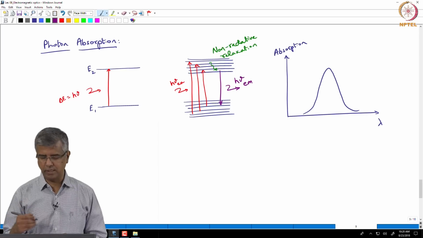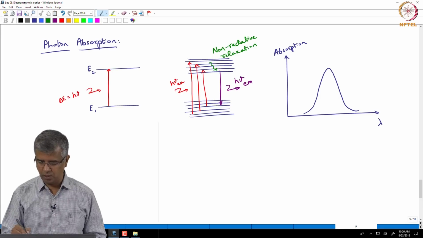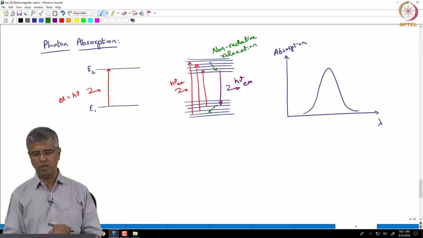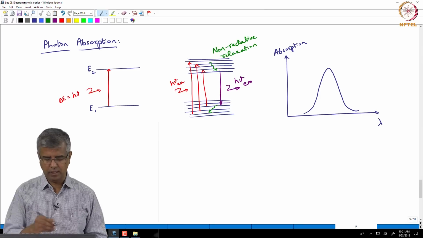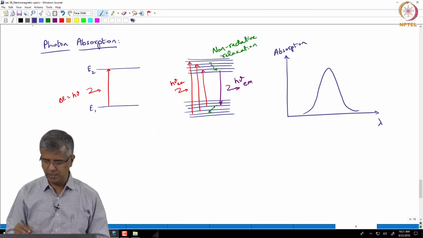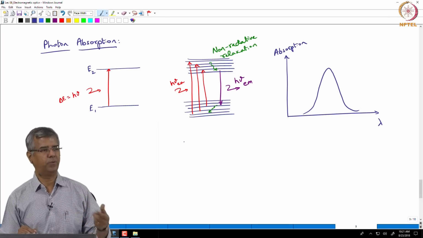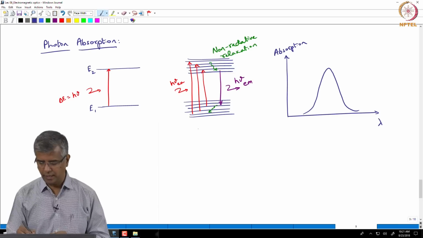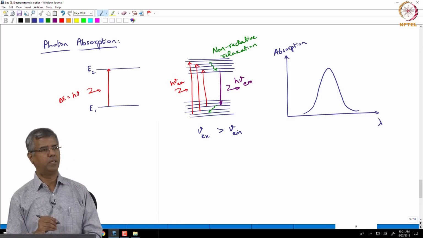And since there is certain energy that is lost, and that energy loss could happen above, or it could happen below also in the ground level manifold, you can basically say that typically the excitation energy is going to be larger than the emission energy. Okay, you lose certain energy in the process, and you can also say that the excitation frequency is going to be greater than the emission frequency.